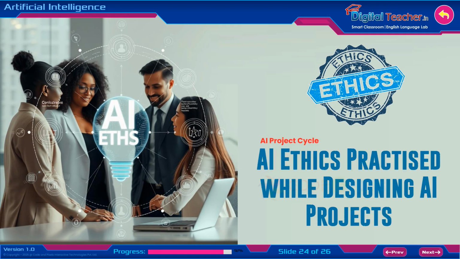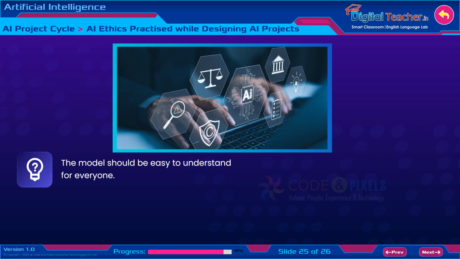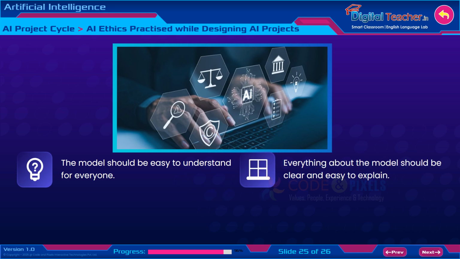AI ethics practiced while designing AI projects. When creating an AI model, it's important to follow some ethical rules. The model should be easy to understand for everyone. Everything about the model should be clear and easy to explain.